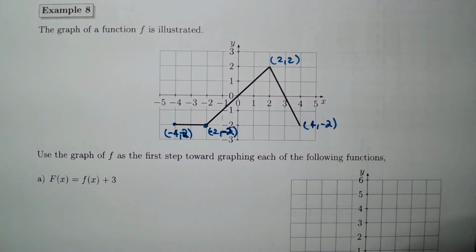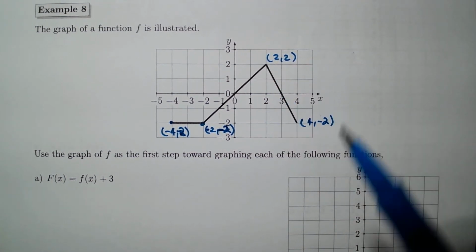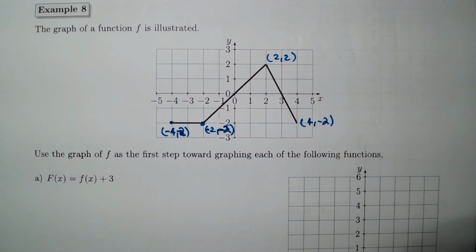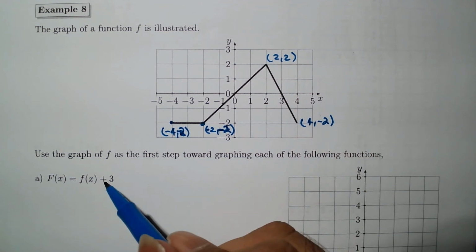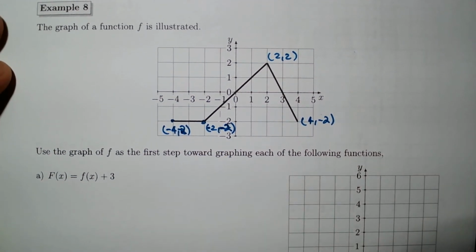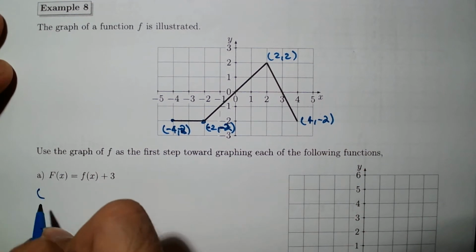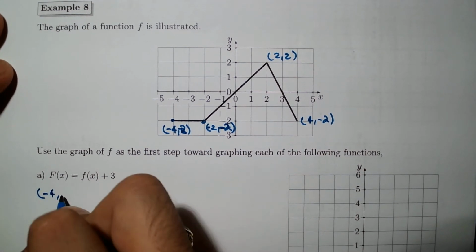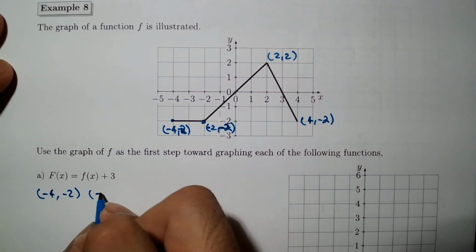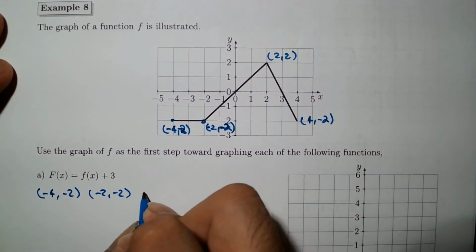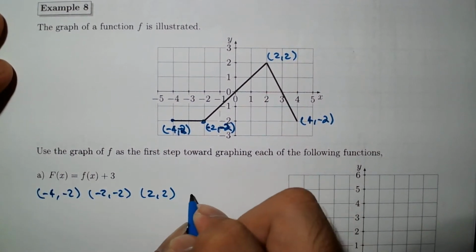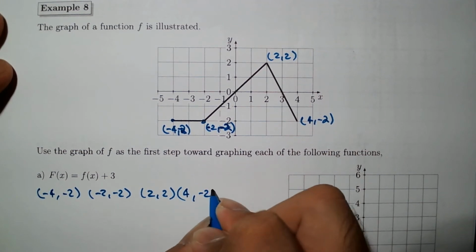All right, so we're going to use this first graph which contains 4 key points, and we're going to do these shiftings again. It would be a good idea if I do it the old way. I'm going to write them: negative 4, 2; negative 2, negative 2; 2, 2; 4, negative 2.